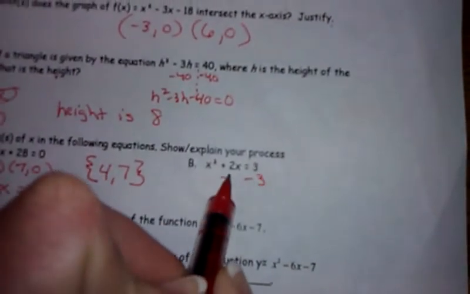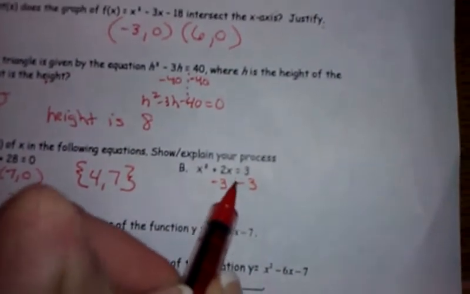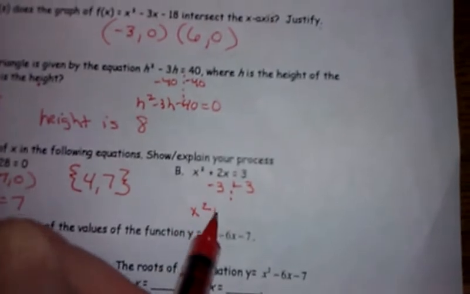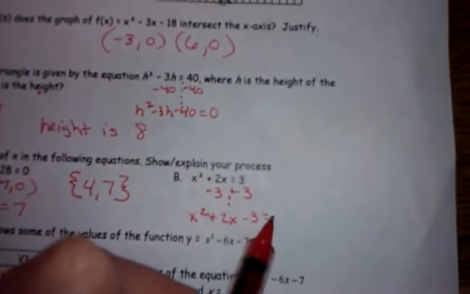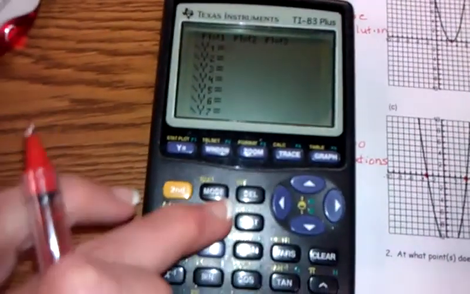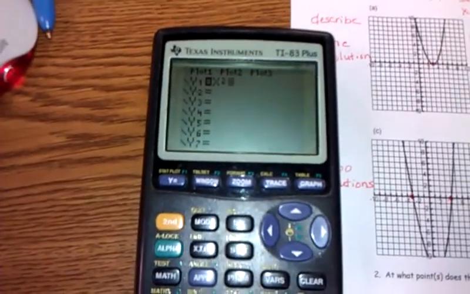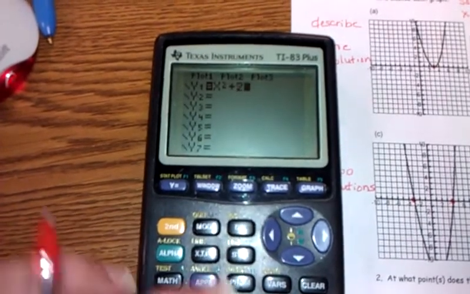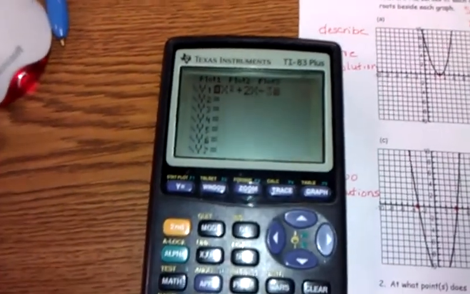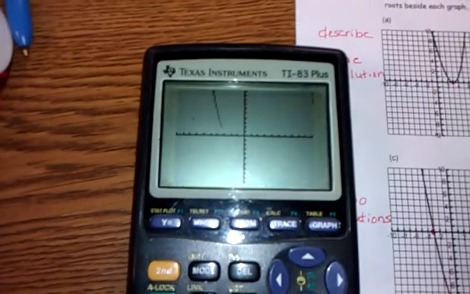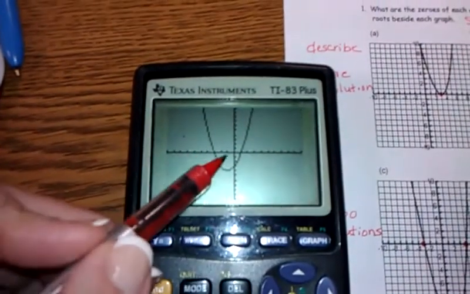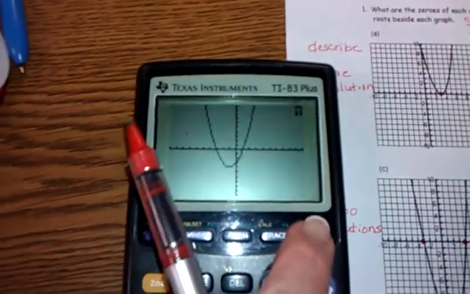On this next one, before we can find anything and put it in the calculator, we have to subtract 3 from each side of the equal sign. I get x² + 2x − 3 = 0. Well, let's go put that in the calculator. X squared, oh not minus, plus 2x minus 3, and press graph. Alright, looks like it's negative 3 and positive 1.